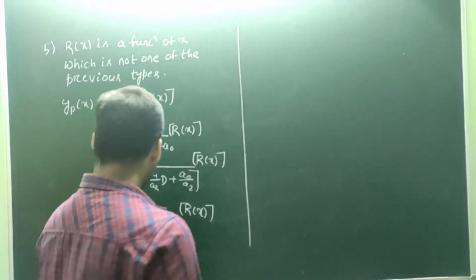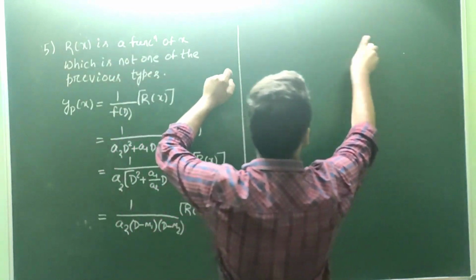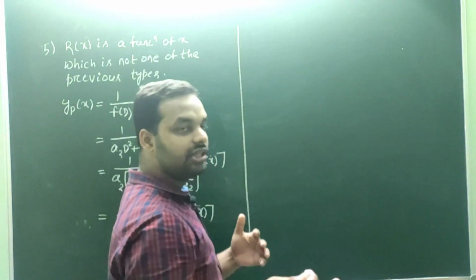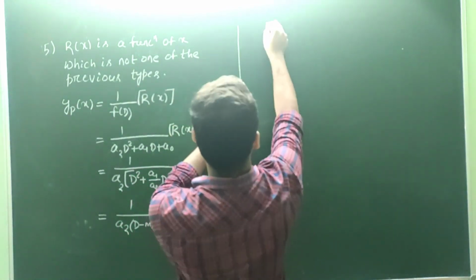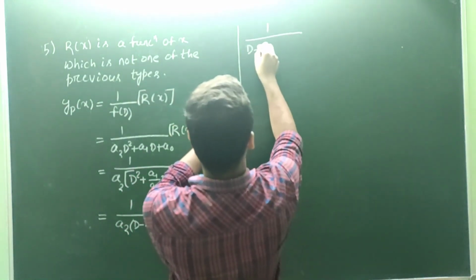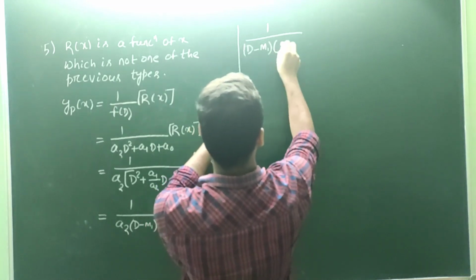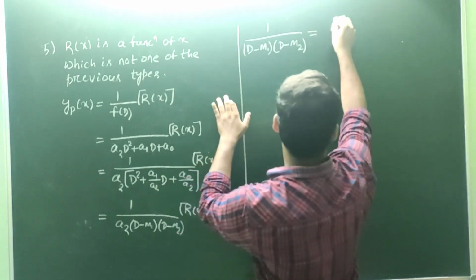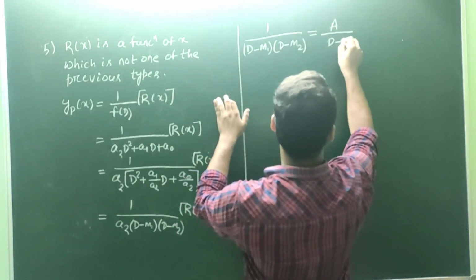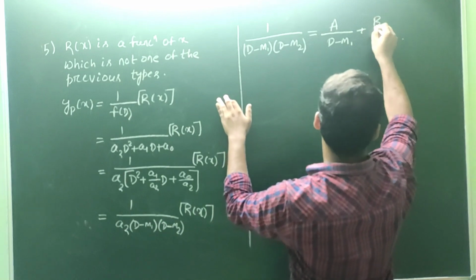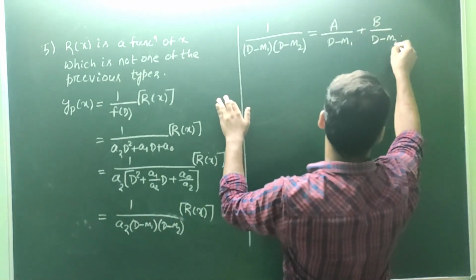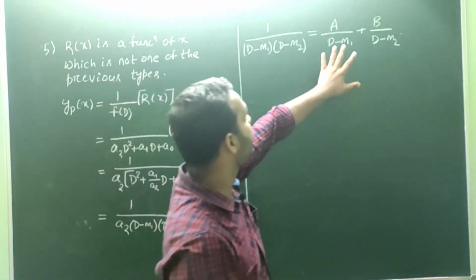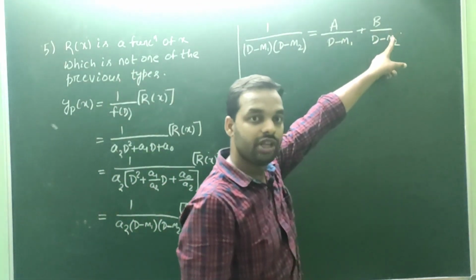I'm just revising it: 1 by (D minus m1)(D minus m2) you take as A by (D minus m1) plus B by (D minus m2), and after that you find out the A and B values, right?